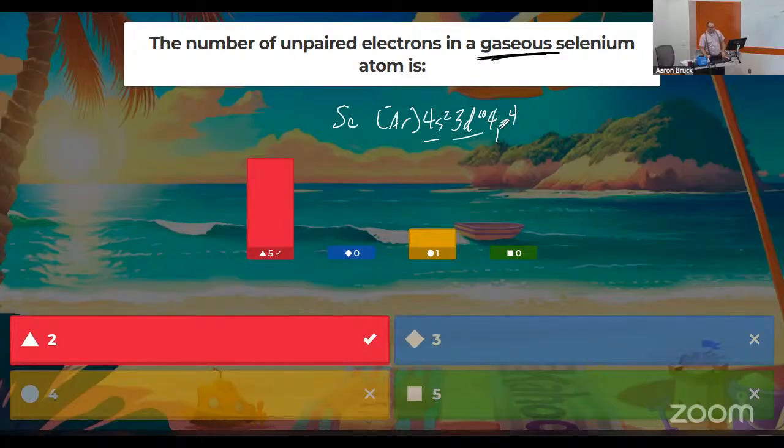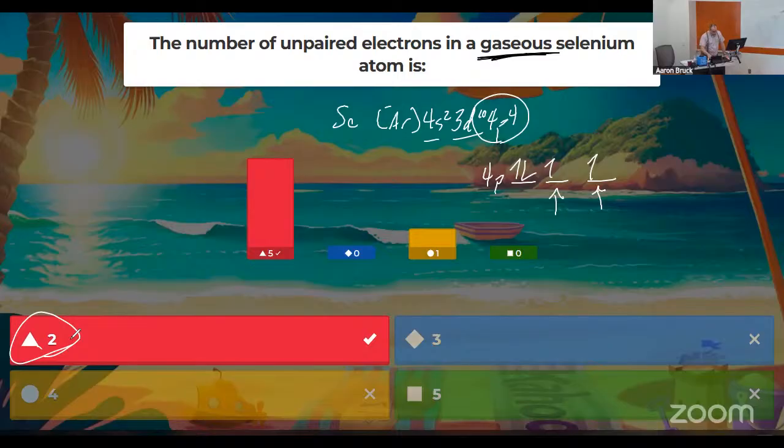The way to answer this question is we look just at that 4p sublevel, and we can draw an orbital diagram real quick and put in our 4 electrons and recognize off of that orbital diagram that these 2 electrons here are unpaired, which gives us 2 as the correct answer.